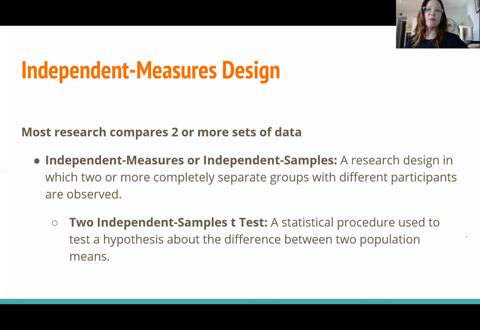With the independent samples t-test, you'll be looking for a difference between the two sample means, which will be inferred about the difference between their corresponding population means. So really that's kind of how to distinguish what is so different about a t-test.